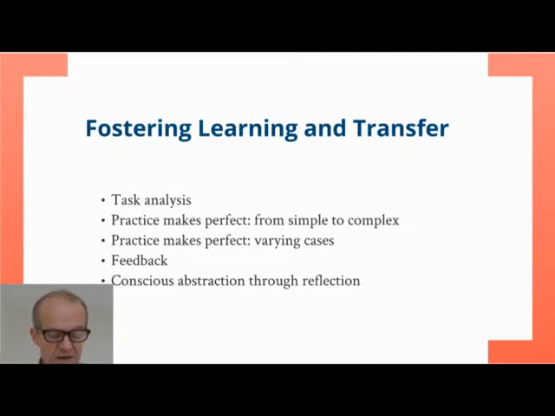Okay, in the case of high road transfer, when the learning task does allow for high road transfer, encourage the learner to compare cases in order to identify similarities and differences. This helps the learner to arrive at transfer through conscious and goal-directed reflection.